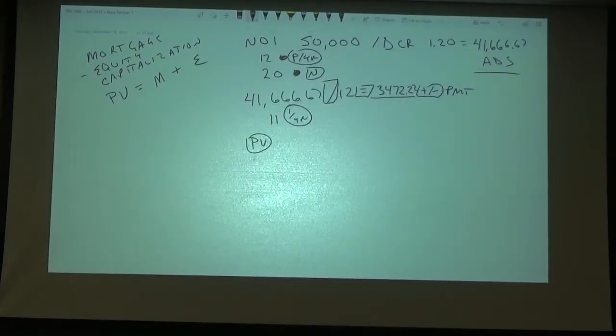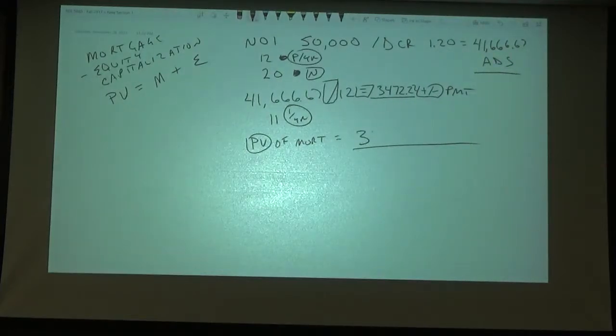All right, so based on that, the present value of our mortgage is going to be equal to, let's see, 12 payments per year, 20 years, $3,472.22 as our payment amount, 11% interest rate, solve the present value.